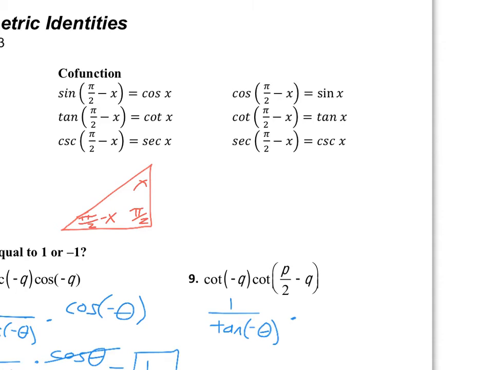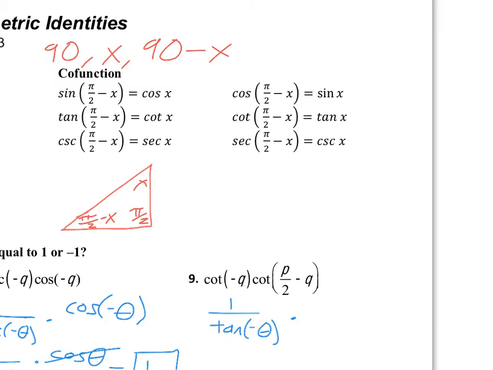All the angles have to add up to 180, so you have a 90, an x, and a 90 minus x. Those all add up to 180. And instead of 90, we write it in radians, pi over 2.